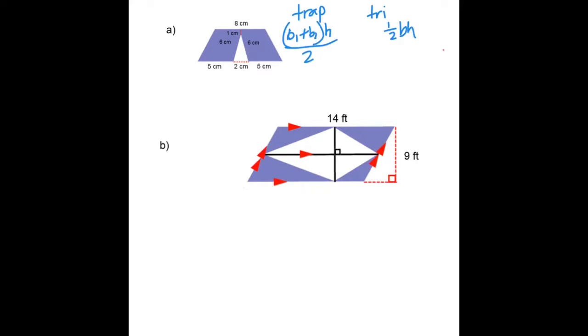So when I talk about the area of the trapezoid, I need to find the base measures. So the base measures 8 plus 5 plus 2 plus 5 is 12 times the height. I don't know the height of this trapezoid yet. I have to calculate it.